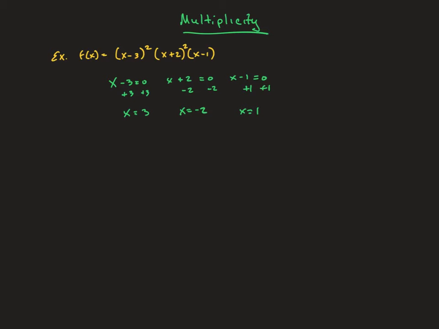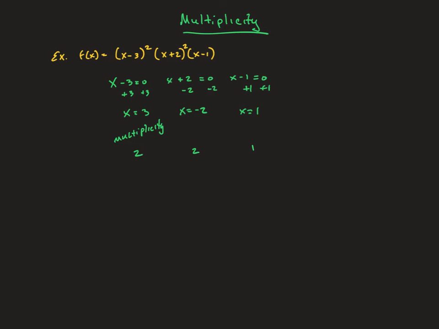Looking at my exponents here, I know that x minus 3 occurs twice, x plus 2 occurs twice, and x minus 1 occurs only one time. So this is going to be the multiplicity: how many times does it happen? Multiplicity here is going to be 2, 2, and just 1.